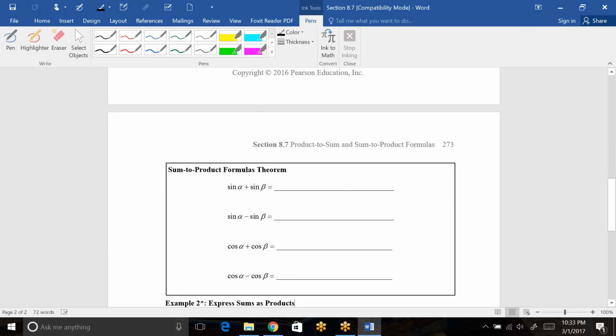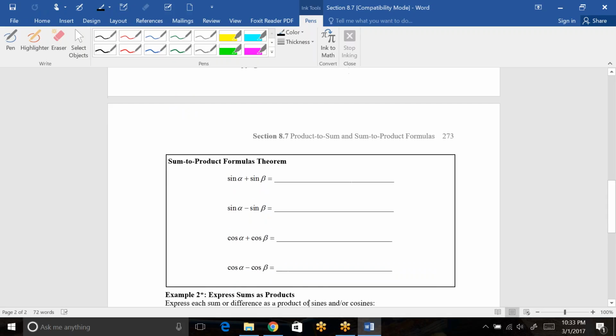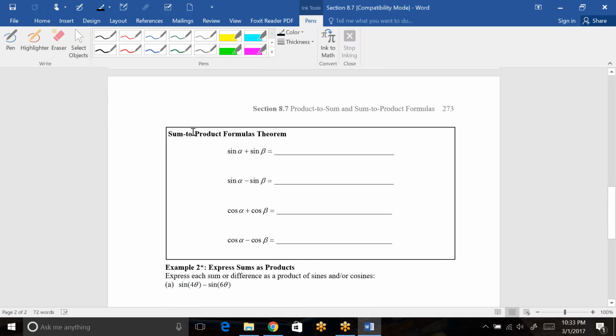Okay, the last formula in this unit is when you're having addition and you want to turn it into product. So sine alpha plus sine beta is 2 sine of alpha plus beta cut in half cosine of alpha minus beta cut in half.